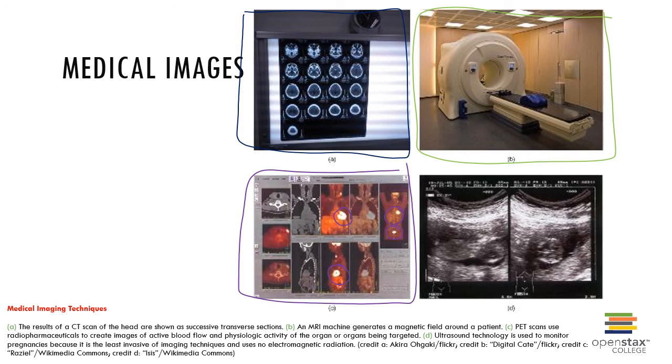And then finally, we have our ultrasound right over here. Some people are looking at that going, all I see is a blob, and that's true. Here we're looking at an ultrasound for pregnancy, so you can see the fetus right there. It's not very invasive, it's very quick to use, inexpensive, and easily portable too.